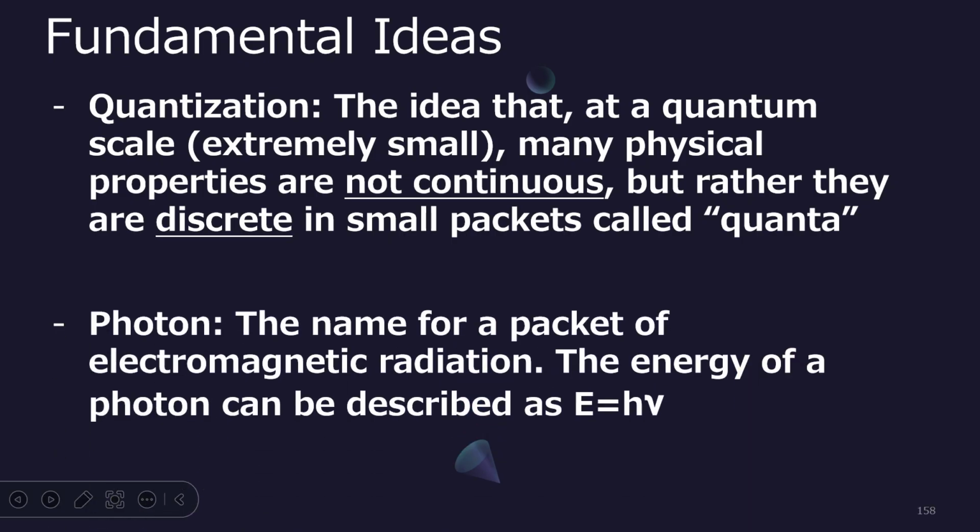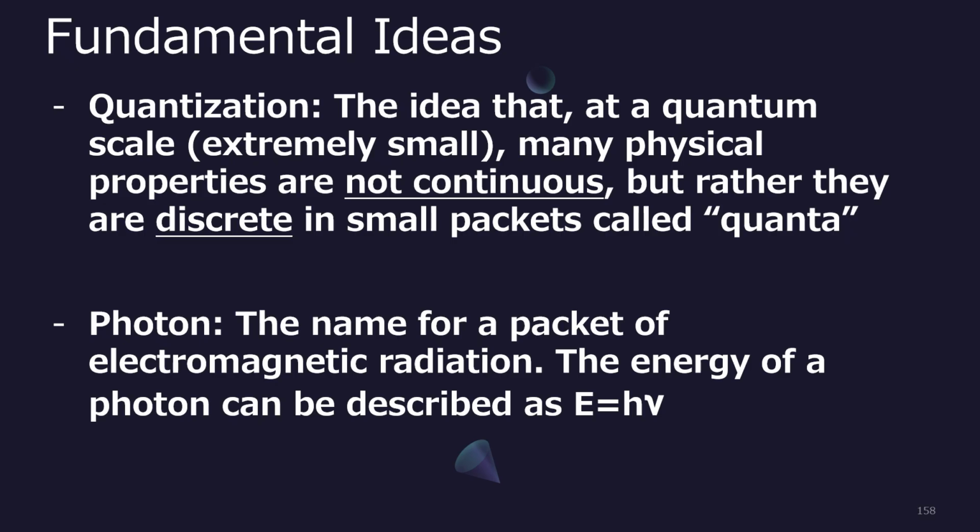A photon, then. This is the name for a packet of electromagnetic radiation. The energy of a photon can be described as E equals h nu. Energy equals Planck's constant, h, times frequency, nu. So we already learned that equation a couple slides ago.